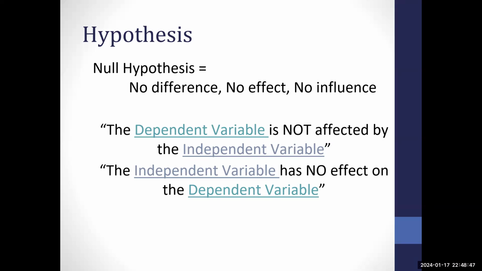Now, the most standard way to phrase hypotheses that you see most often is referred to as the alternative hypothesis. The alternative hypothesis implies that there is an effect of the dependent variable on the independent variable.